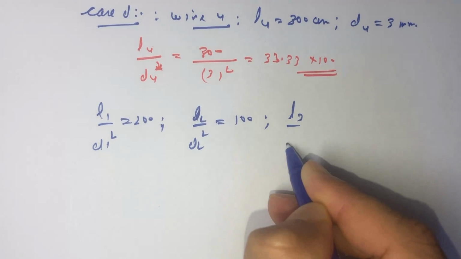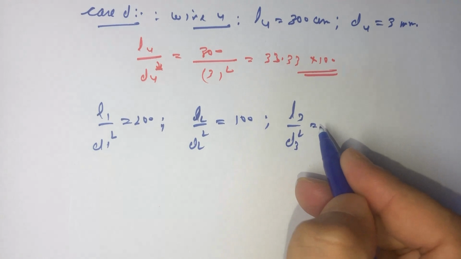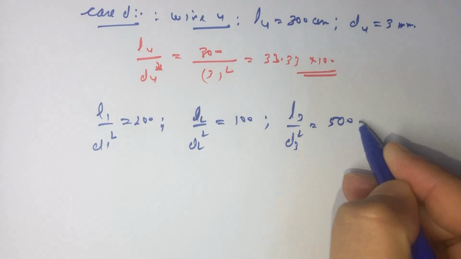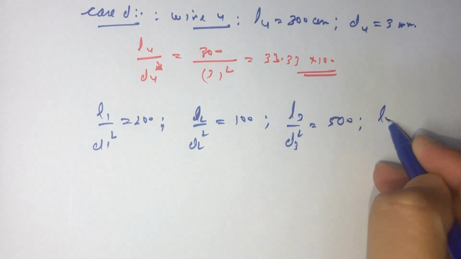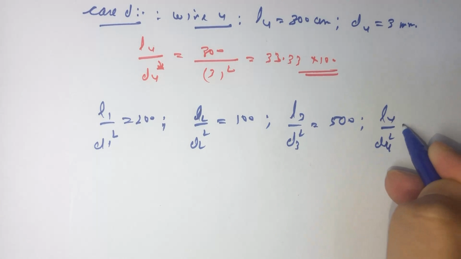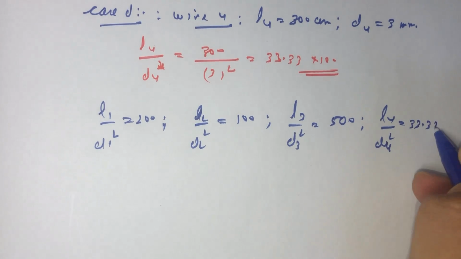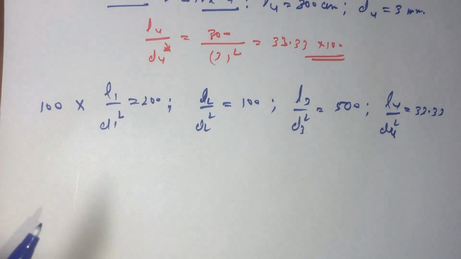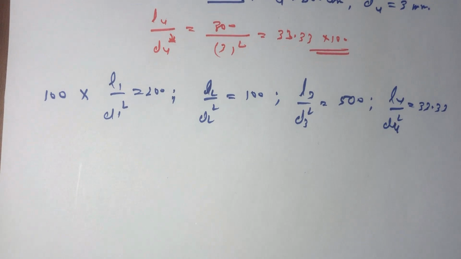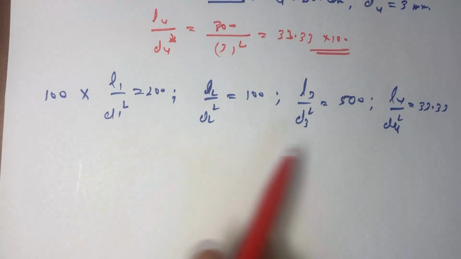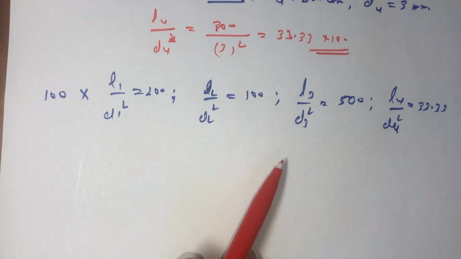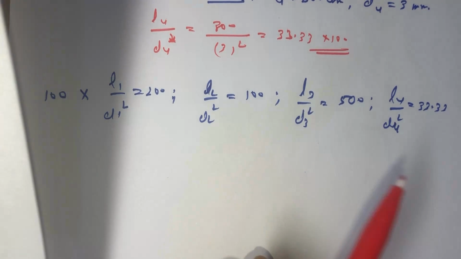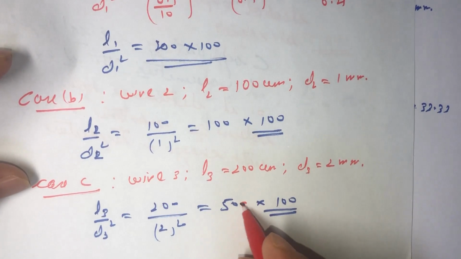We have L3 D3 square, and that is 50, my mistake. And last one is L4 D4 square, and that comes 33.33. Okay, so bear in mind every factor is being multiplied by 100.